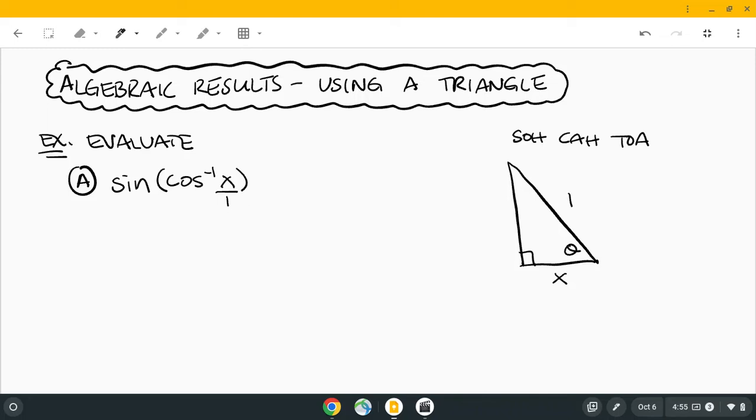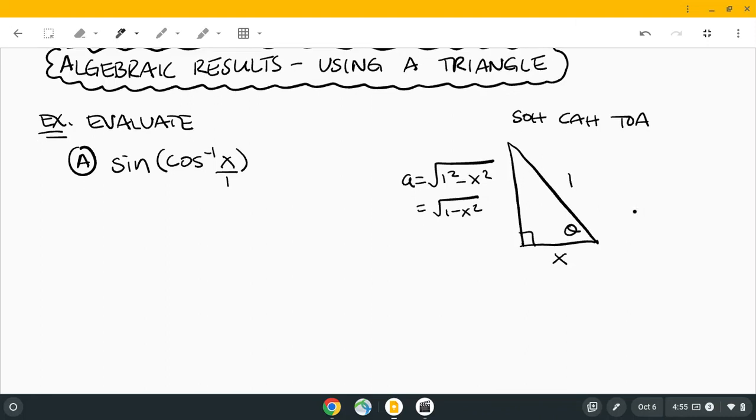Okay, and then I can solve this side, we'll call it A, by Pythagorean theorem. So this is going to be 1 squared minus x squared. So this is going to be 1 minus x squared. And you really can't do any more with that because it's a variable. And unless you know what x is, you can't go any further than this. Okay. All right. So that's what A is. Okay.